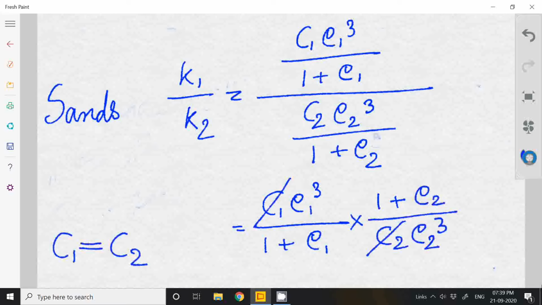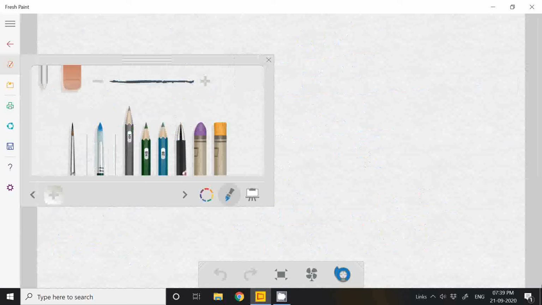Finally, what will the new equation become?